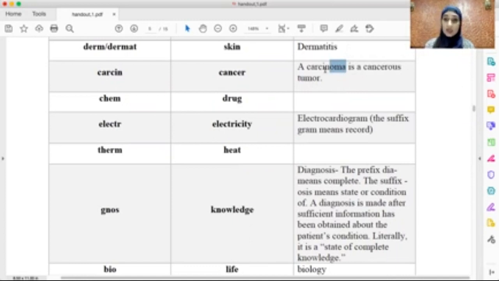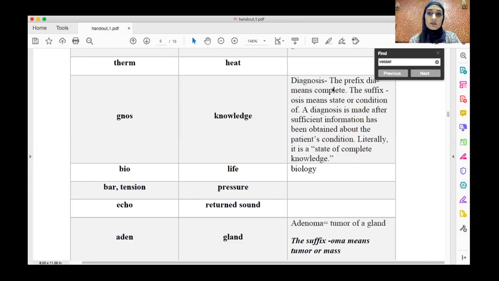A carcinoma is a cancerous tumor, because oma is a suffix referring to tumor. Chem, drug. Electro, electricity, like in electrocardiogram. We have therm, heat. The root gnos means knowledge.